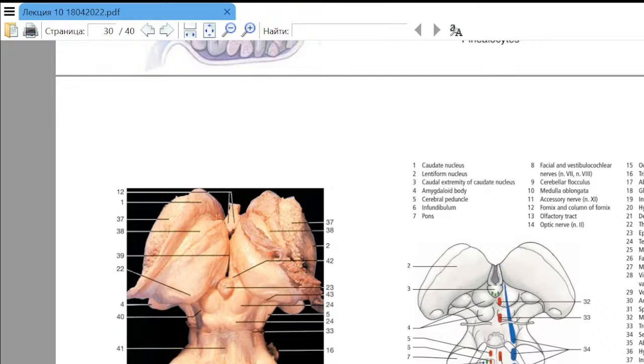Pineal gland or epiphysis. You see epiphysis and habenulae, epiphysis, habenulae. Thalamus. And midbrain. This is the brain stem, posterior aspect.